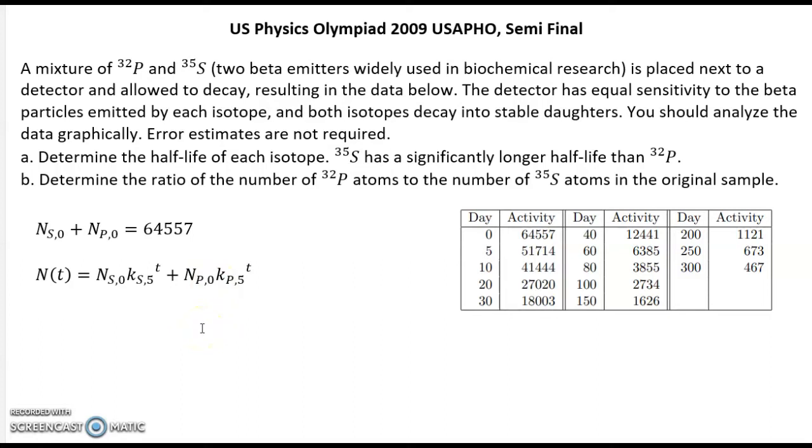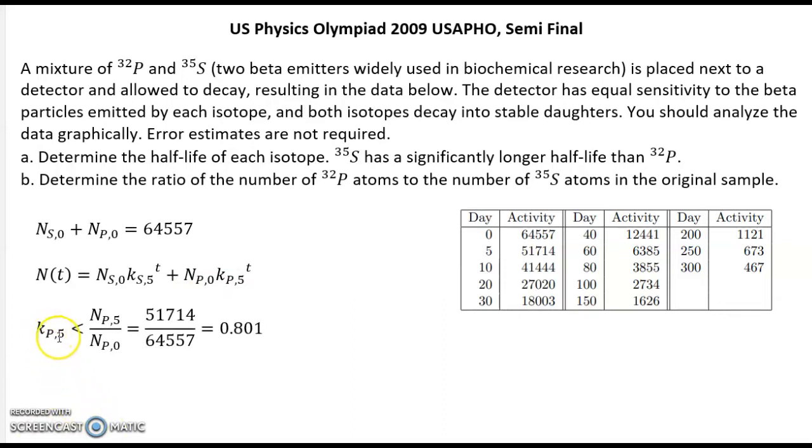Now, because the half-life for element P is very short compared to the other element, we can assume that most of the activity reduction is because of element P. And we can estimate this coefficient for P by this equation.